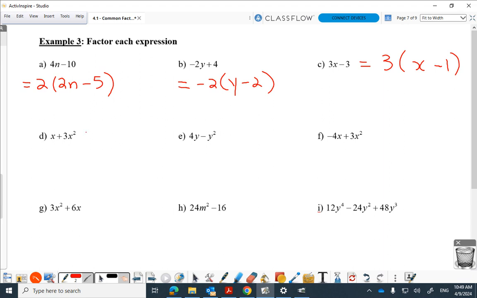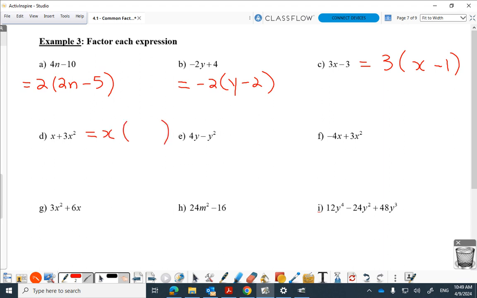Okay. This one, no coefficient will divide into both those. No coefficient divides into 1 and 3. But what about the x's? Is there an x that can be divided out of both of these? Yeah. So we can pull an x out. Now take a second. Let it bounce around.